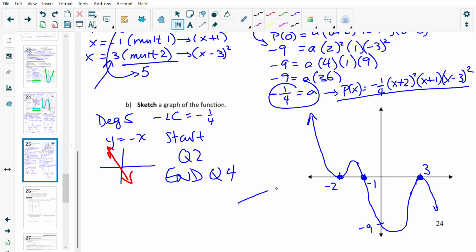Okay, let's take stock of this. We've found the equation, and then we've sketched the graph, right? So let me just finish with this. X equals negative 2. That's a multiplicity of 2. That's an even multiplicity, so I have a bounce or a point of tangency, right?